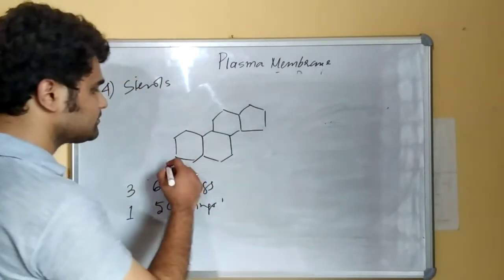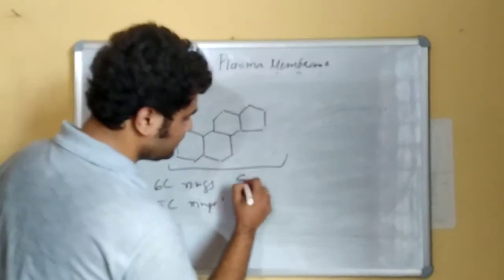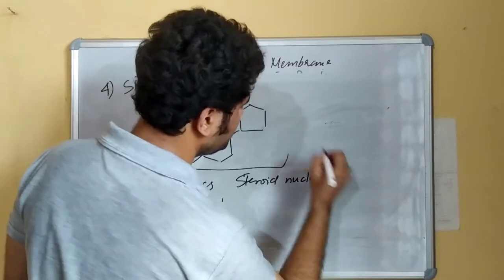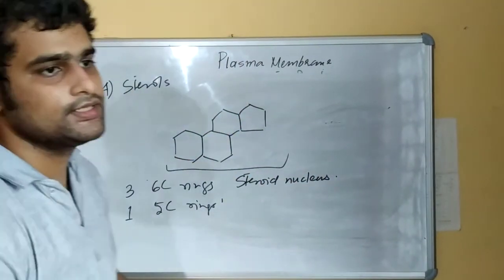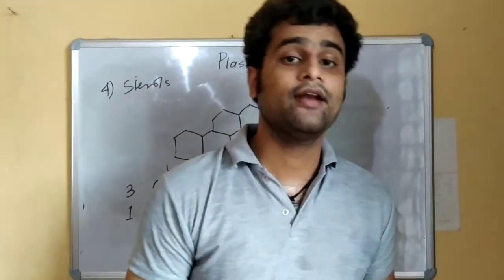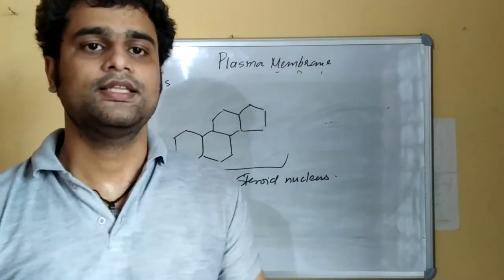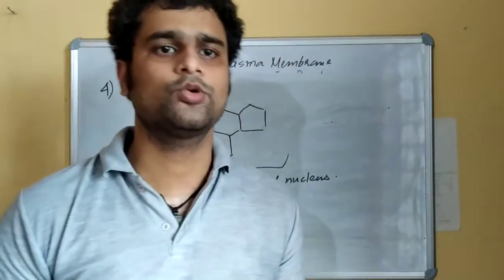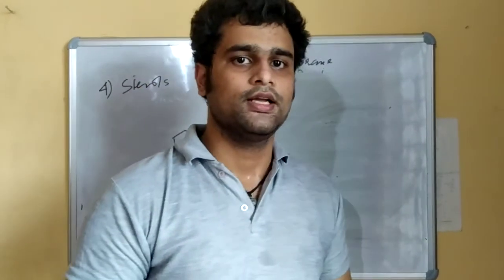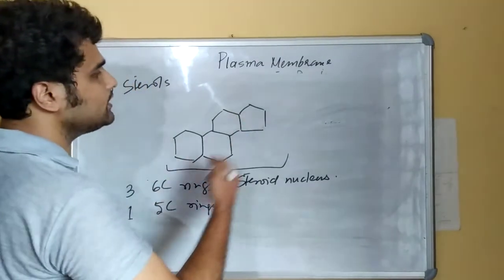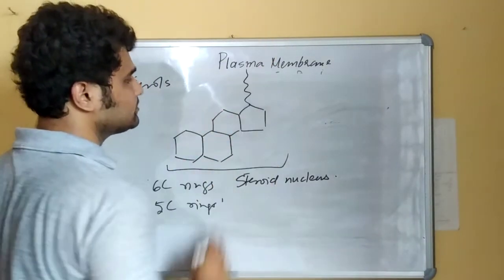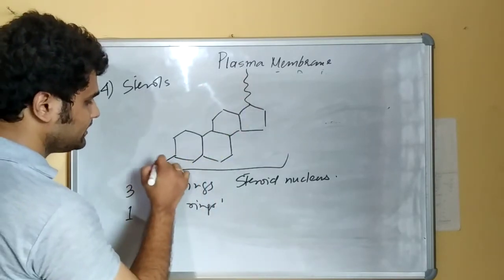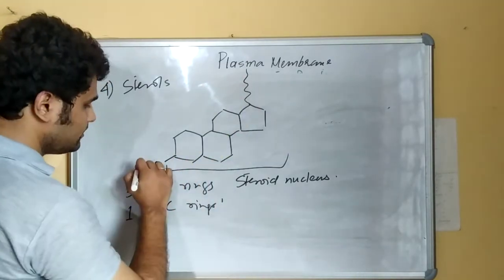So these fused rings are basically called the steroid nucleus, and from this steroid nucleus there are various different types of steroids that can come. For example, cholesterol, sitosterol, stigmasterol, right? So all these steroids have a chain this way.